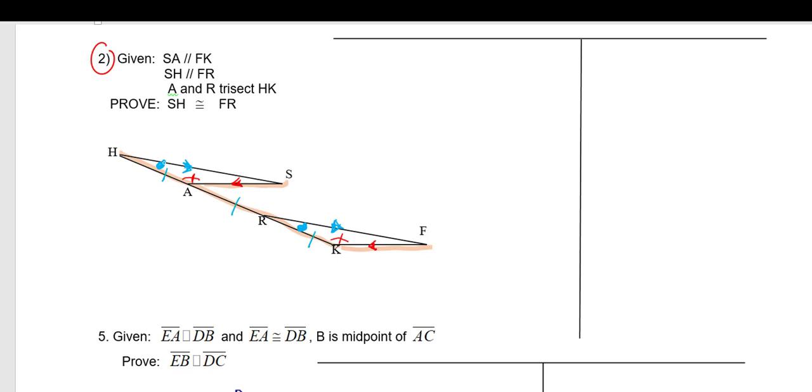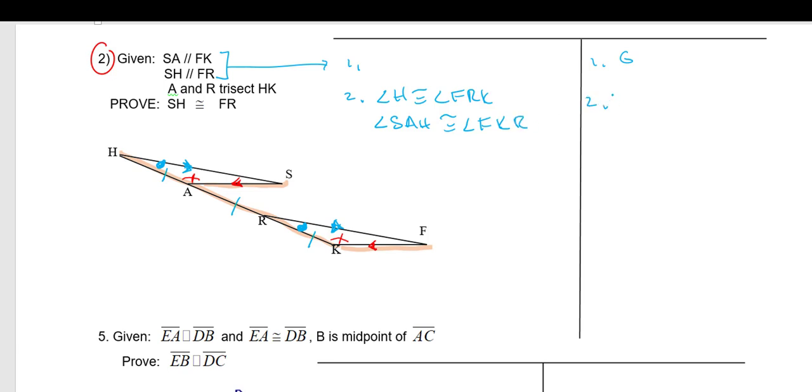So really here, I'm going to go with this. And the key step really is that angle H is congruent to angle FRK, and you know that angle SAH is congruent to angle FKR.